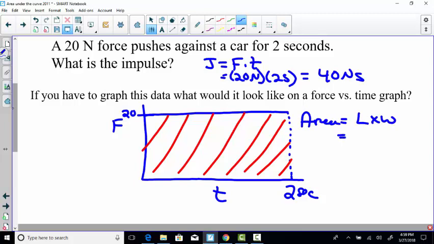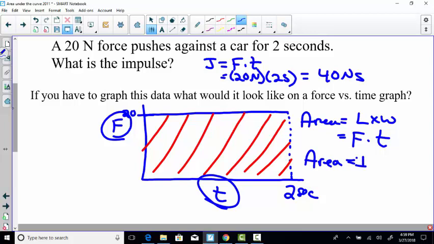The length is time, the width is force, so that's just force times time. So essentially the area under this curve is equal to the impulse that is acting on an object. And this would be another way that we could determine what impulse is.